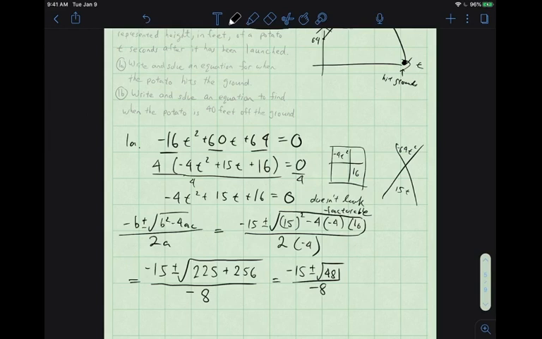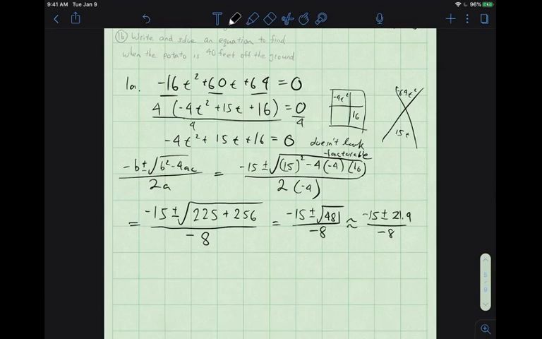It's about 22. So it doesn't become a perfect square by any means. So it's approximately negative 15 plus or minus 21.9, let's call it, all over negative 8. We have our two answers here. One's plus, one's minus.